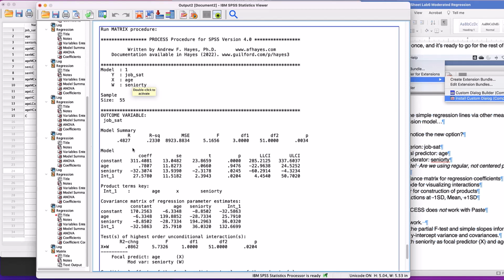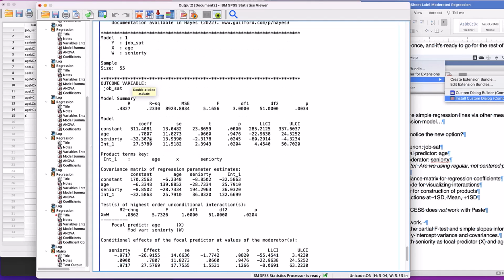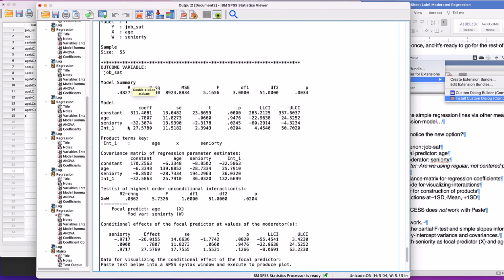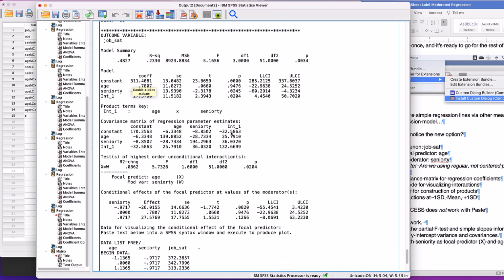The overall model, so we got the R, the F statistic, the degrees of freedom, the significance, the R squared, all right there. We have all of the coefficients and their significance. We got the interaction term. And then there's the covariance matrix if we wanted to have that information.